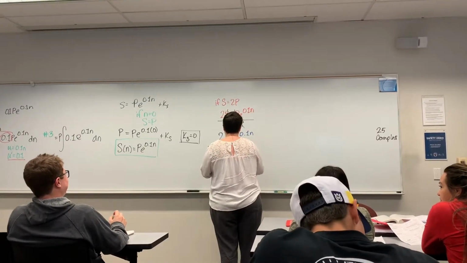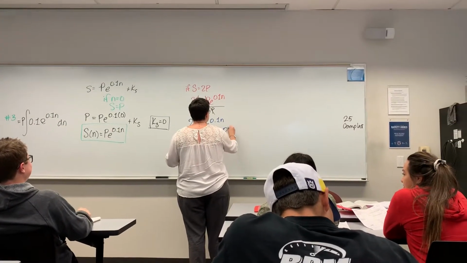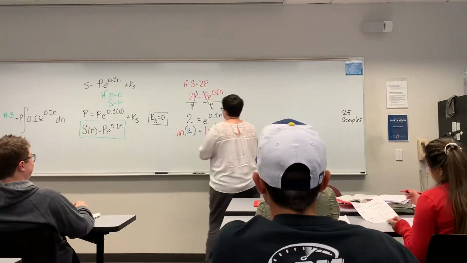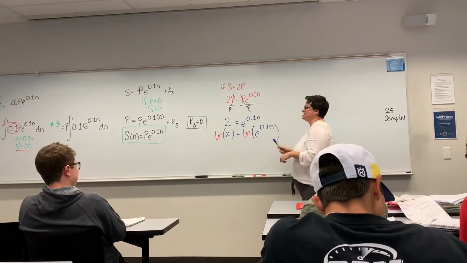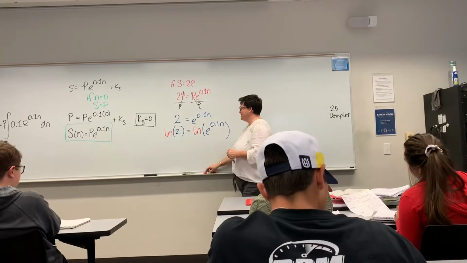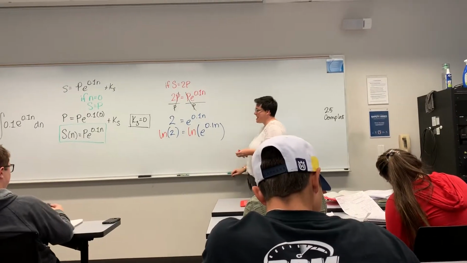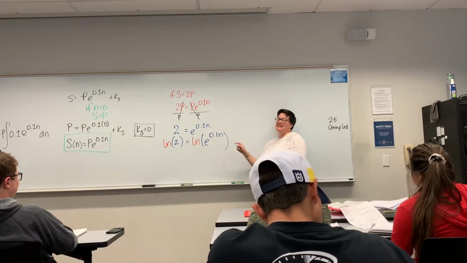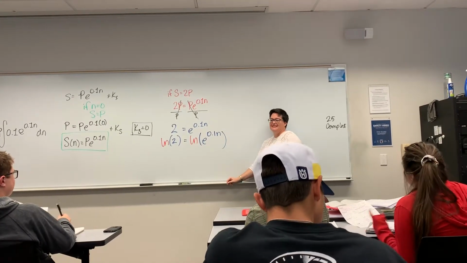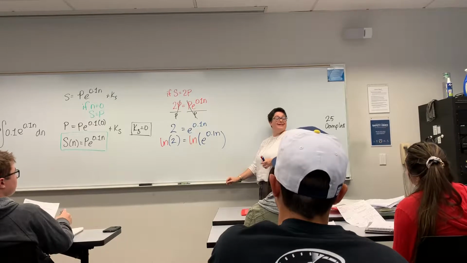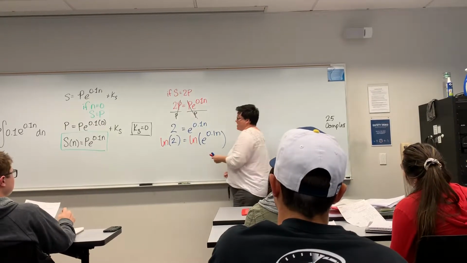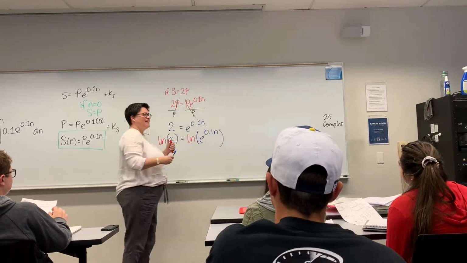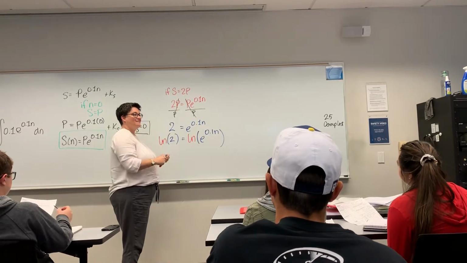What does this entire side go to, guys? What's the natural log of e to the anything? Simplify to what? 0.1. Yes, 0.1 n. Very good. Alex? Yeah, nice job, Alex.